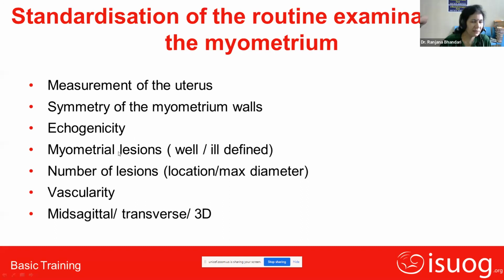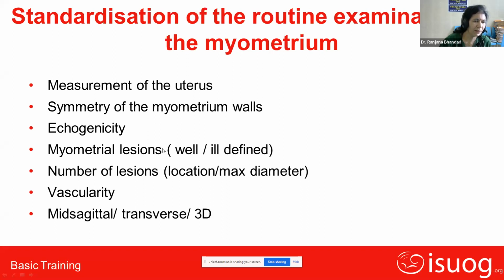Then come myometrial lesions. When we are assessing myometrial lesions, remember that we have to introduce our probe in the longitudinal sagittal view. We have to do parasagittal scanning from the left side, then the right side, then we have to do transverse scanning from the upper part to the lower part, from fundus to cervix.